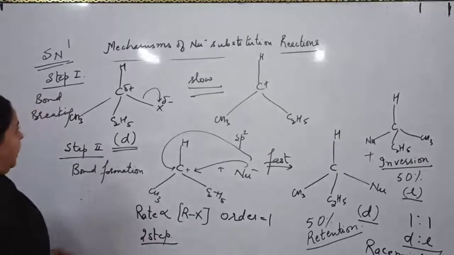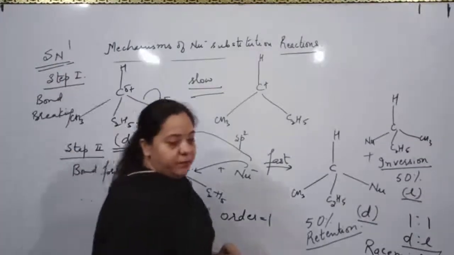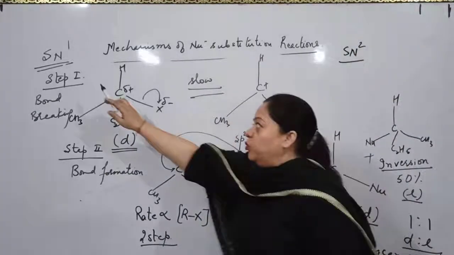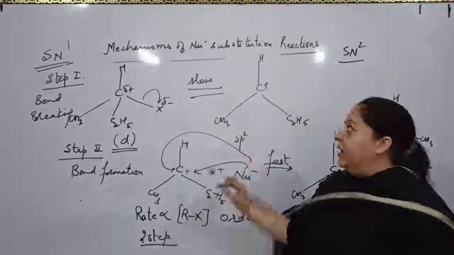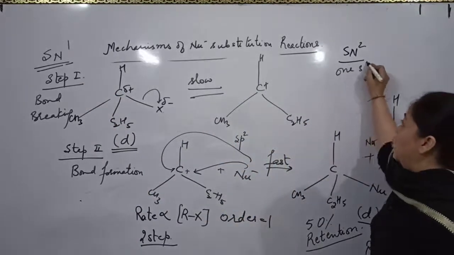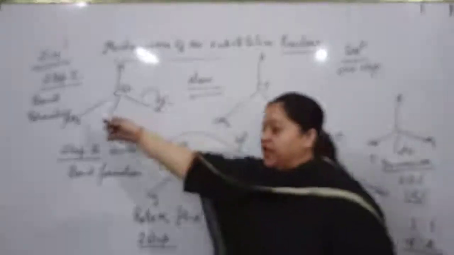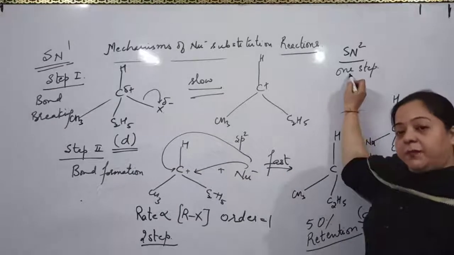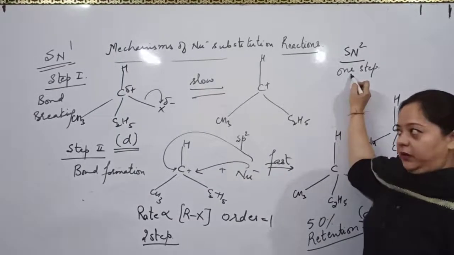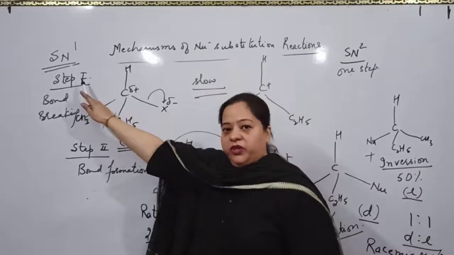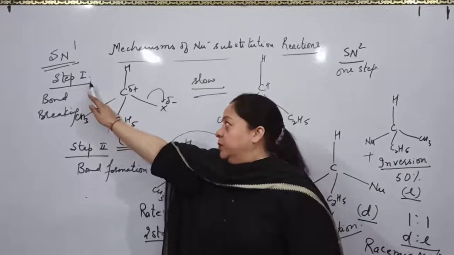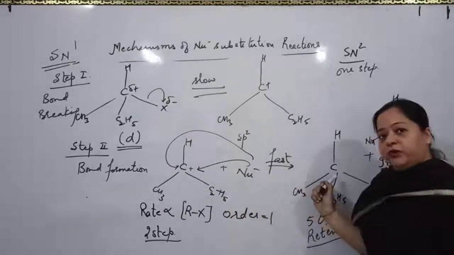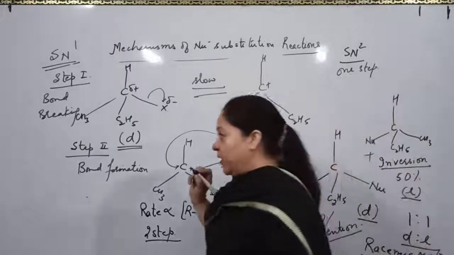So here in alkyl halides, they can react either by SN1 mechanism or by SN2 mechanism. SN1 is a two-step process and SN2 is a one-step process. In this case, first step bond breaking and then bond formation, and in this case, the simultaneous bond formation and bond breaking. In this case, with increase in the bulkiness of the groups, the reactivity increases because the stability of the carbocation intermediate increases.